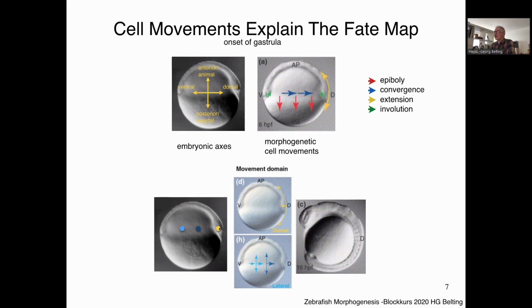And the yellow cells here, they're actually forming the notochord. They will extend all the way from dorsal to ventral. And also these cells here that are at the margin early on, they are all the cells that will become mesoderm, because all these cells involute. So the yellow cells here are the involuting cells. These are going to be mesoderm. I should actually label them in green to be more correct.